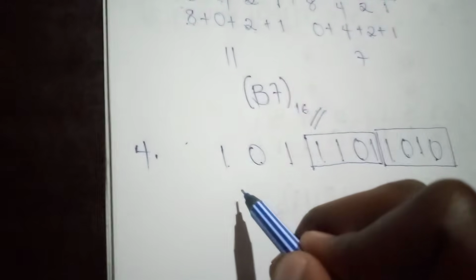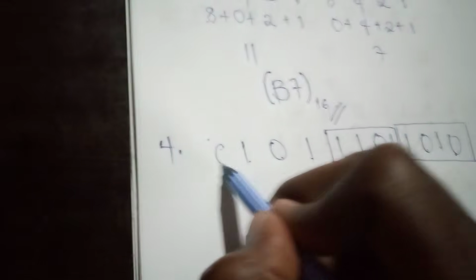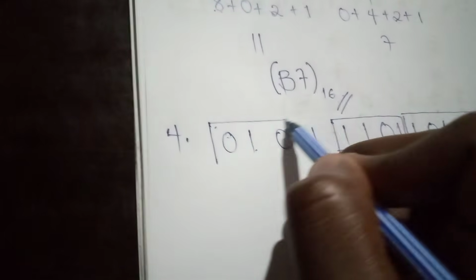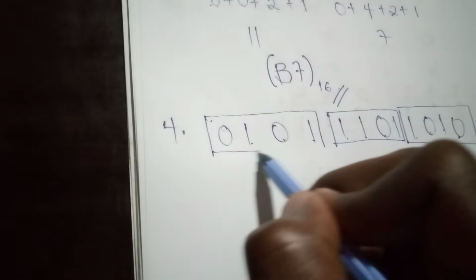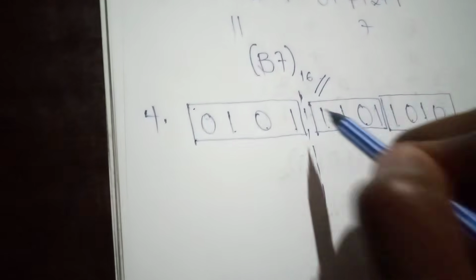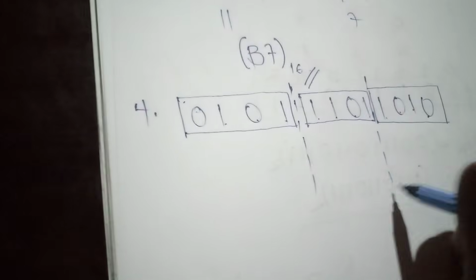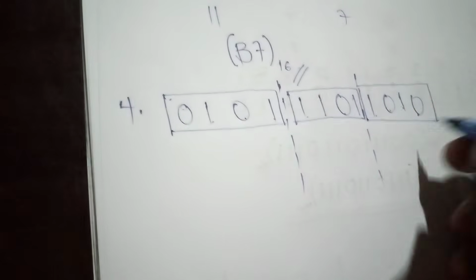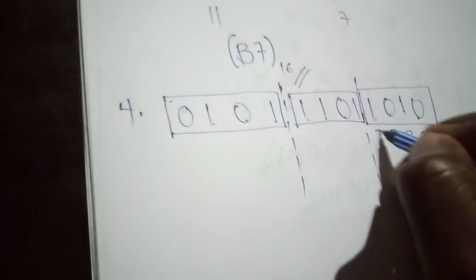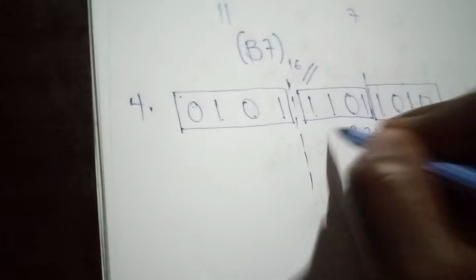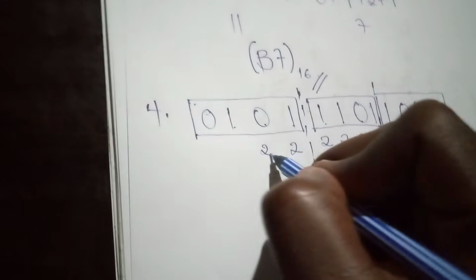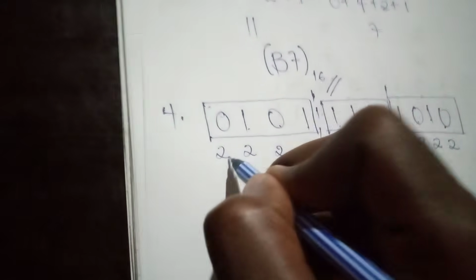Now you can see that there are 3, but you can add a 0 because 0 won't change anything, and then you count to make them 4. Draw a dotted line just to separate them to avoid confusion. From there, write 2 everywhere: 2, 2, 2, 2, 2 there, 2 there, 2 there, also 2 there.